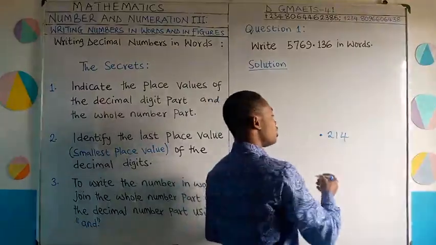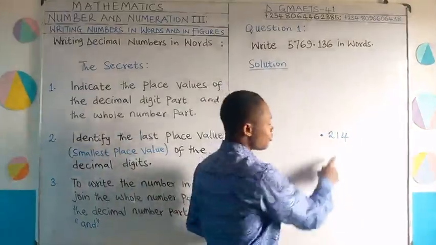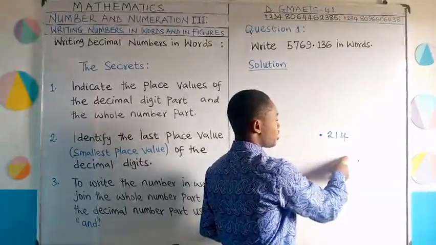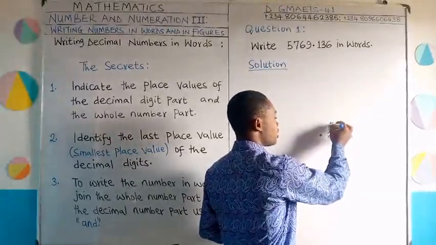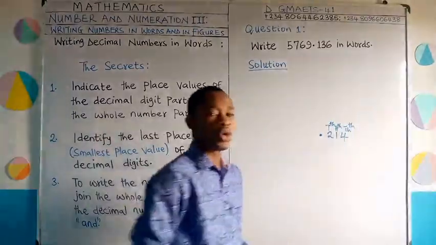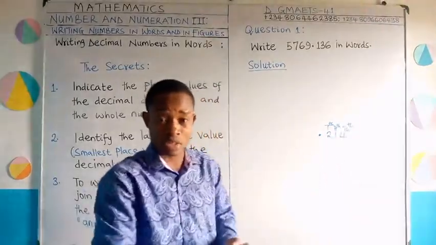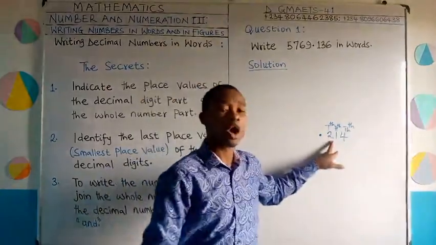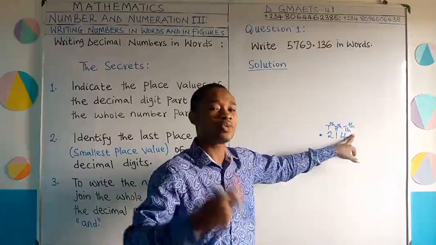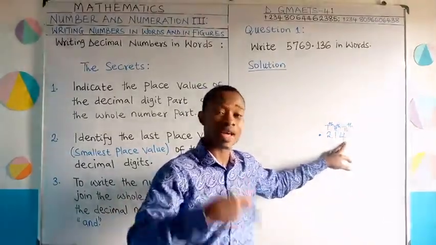All I need to do is to identify the last place value here. And the last place value of the decimal digit, if you look at it, is thousandths. Because this one is tenths, this is hundredths, and then this is thousandths. So all I have to do generally to pronounce that decimal digit part is going to be 214 thousandths.